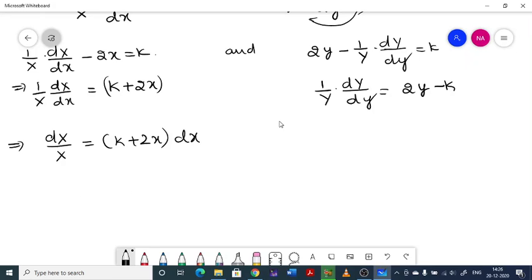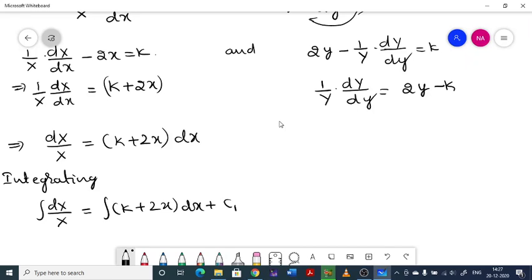So integrating this, I'll get integral d capital X by capital X equal to integral of k plus 2x into dx plus some constant, I'll write that as c1.